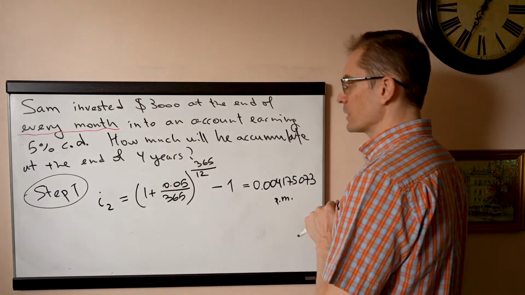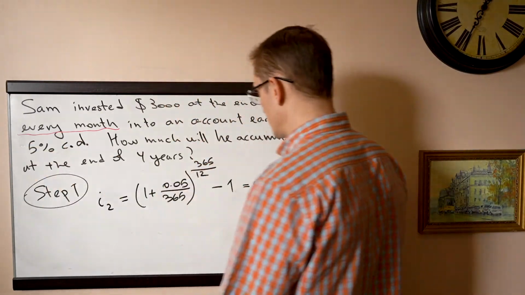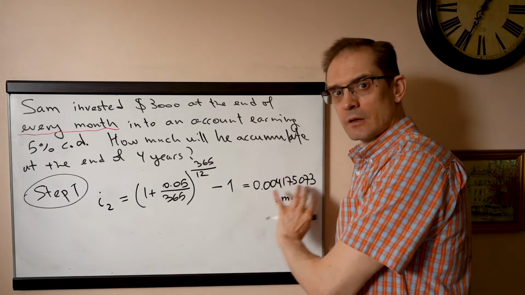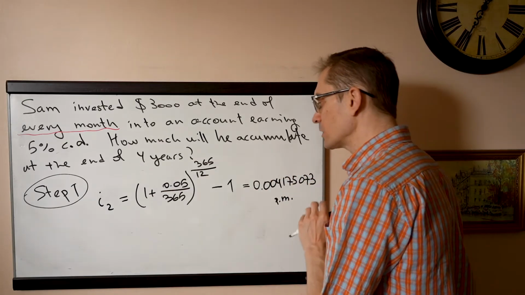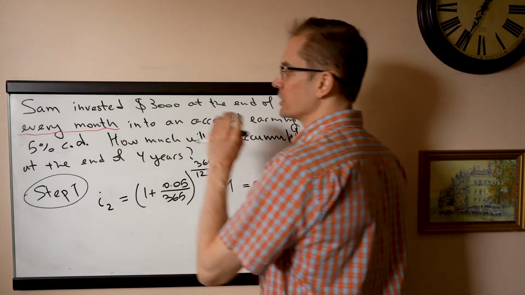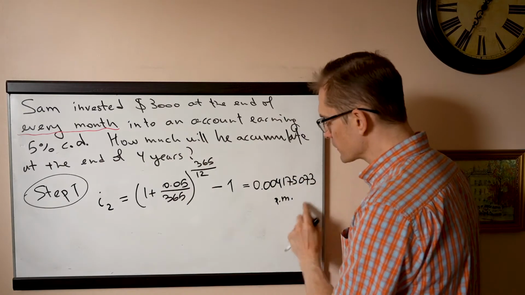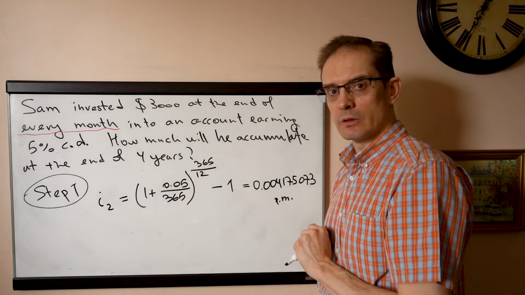So in other words, in this problem, I can replace this 5% compounded daily by this rate per month compounded monthly, okay? What this does is it changes this annuity from general to simple. So if I use this rate now, this annuity will become simple, okay?